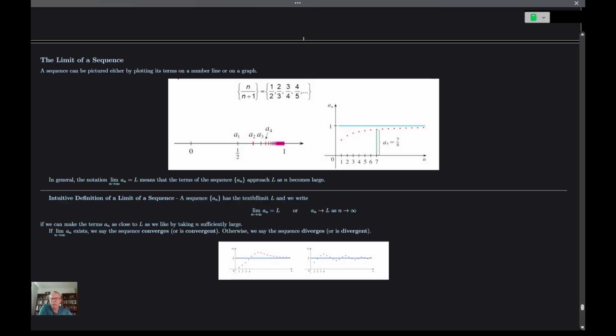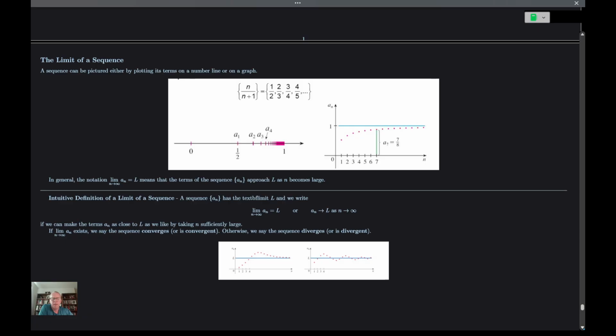The x-axis is the number of the term, and the y-axis is the value of the sequence for that term. As you go 1/2, 2/3, 3/4, 4/5, and so on, you get closer and closer to 1.